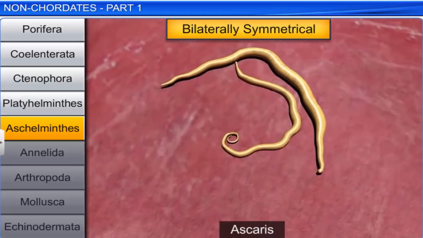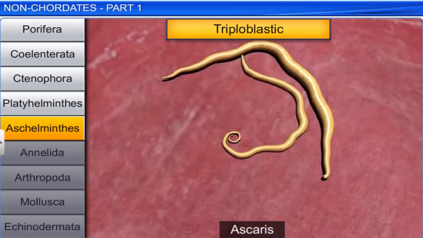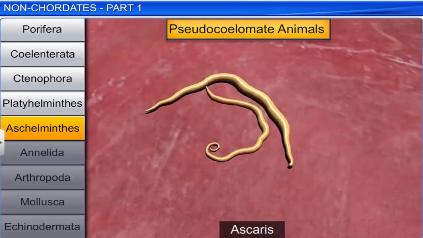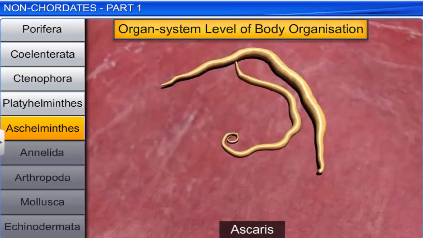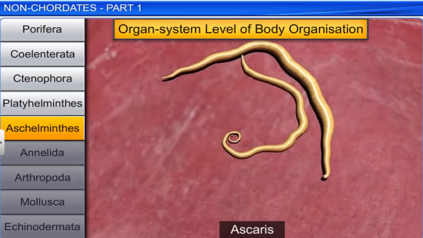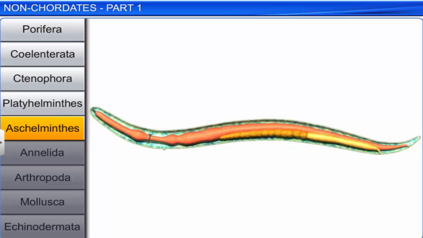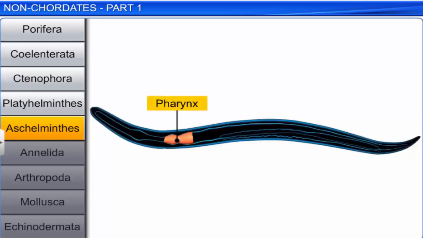They are bilaterally symmetrical, triploblastic, pseudocoelomate animals with organ system level of body organization. In Aschelminthes, the alimentary canal is complete with a well-developed muscular pharynx. Body wastes are removed through the excretory pore.